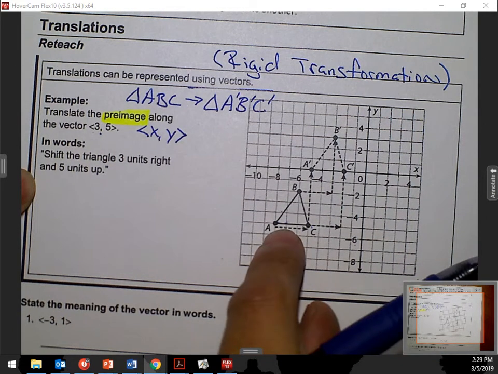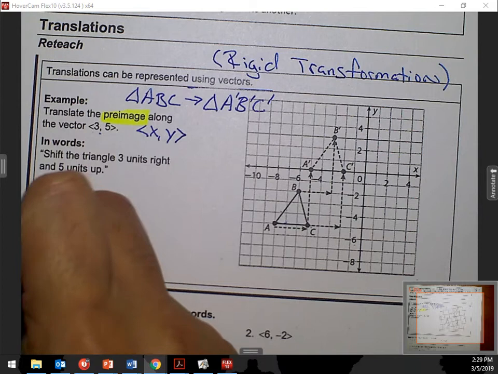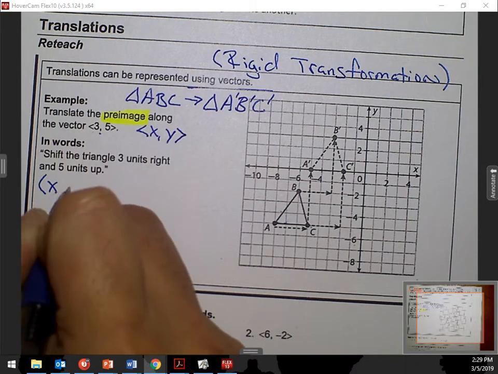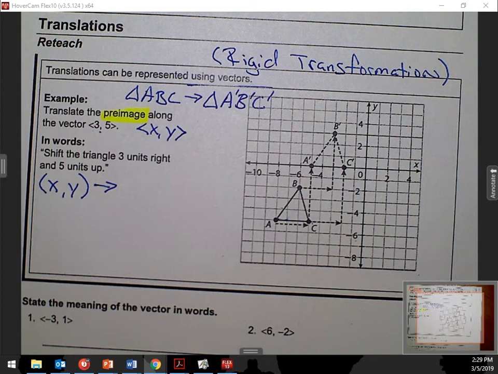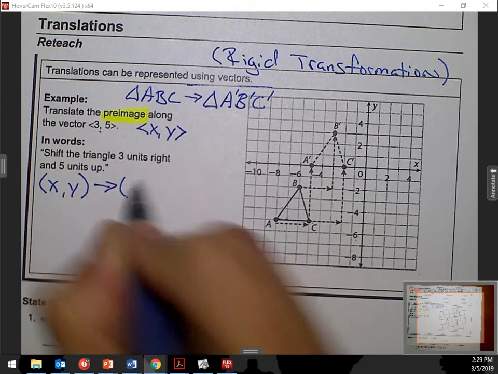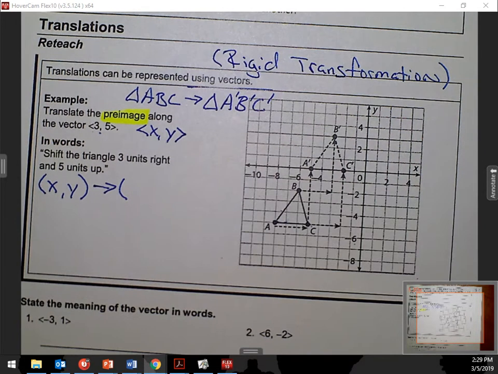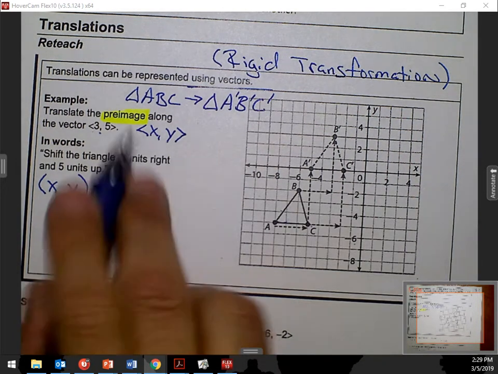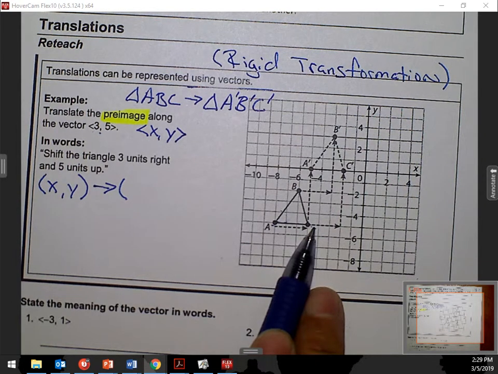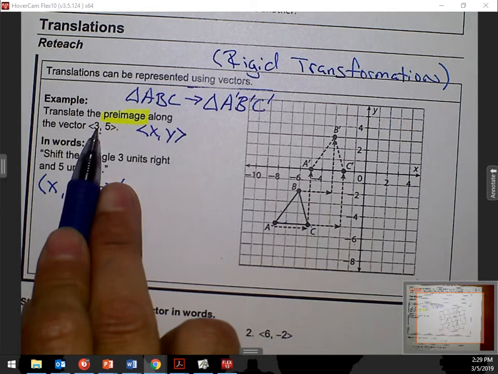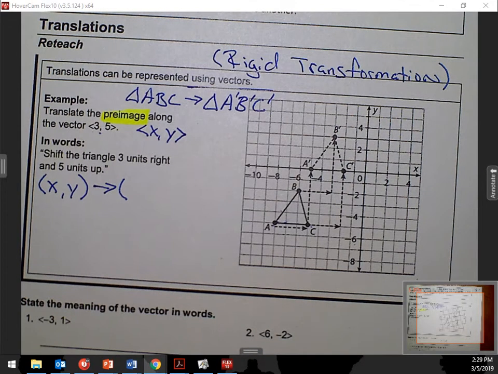So whatever my x value is, it's going to look like this. X, comma, y is going to be translated. Now, what am I doing to the x value? Going 3 to the right. So what does that mean I'm going to do? If I'm going 3 to the right, what does it tell me I'm going to be doing?